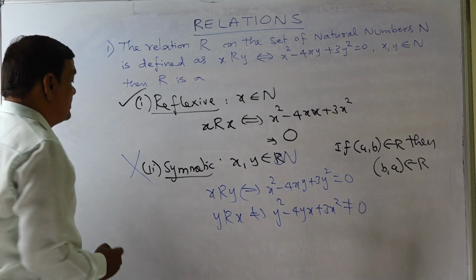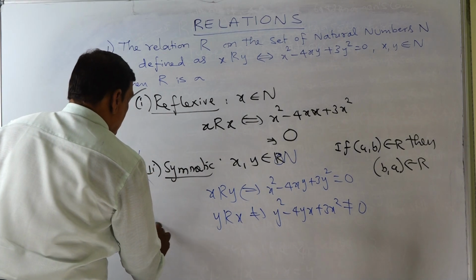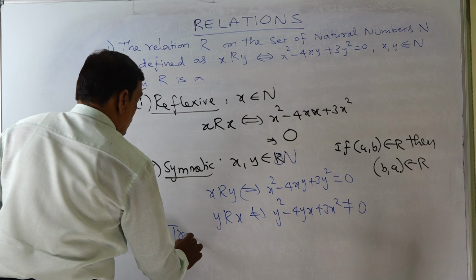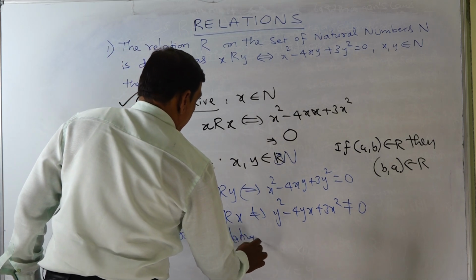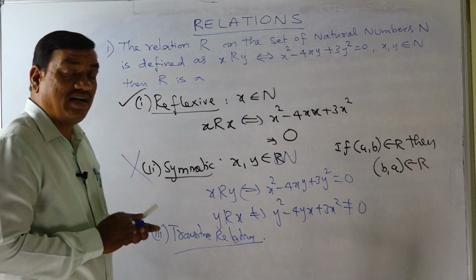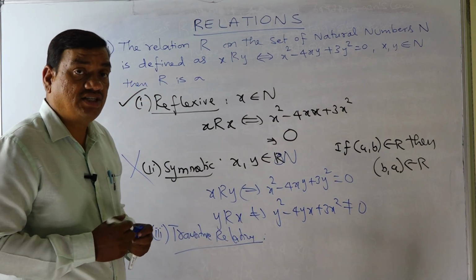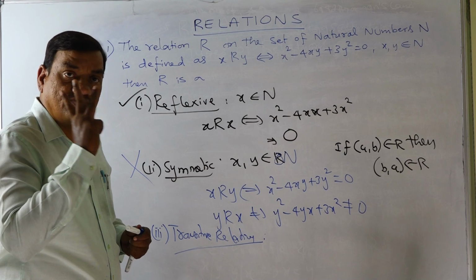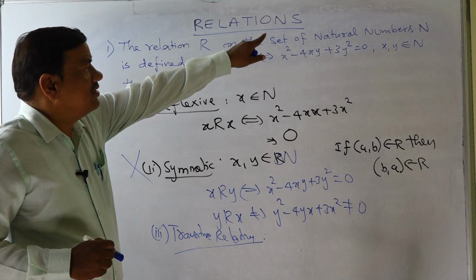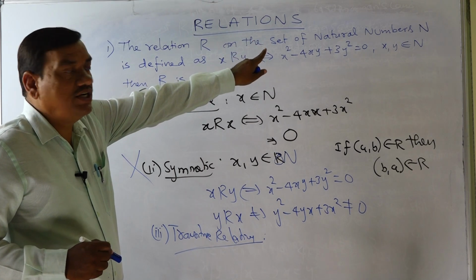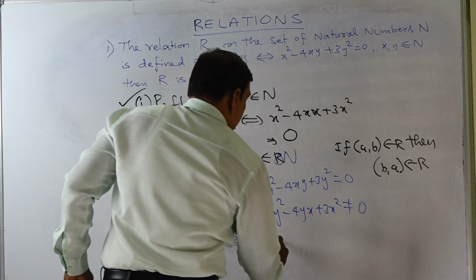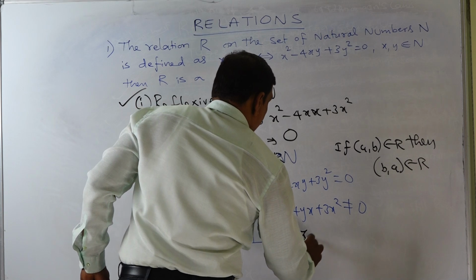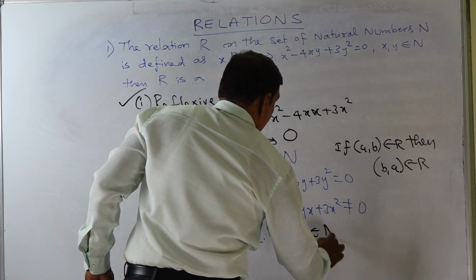Okay, so let us check the transitive relation. To check the transitivity of a relation, we have to take three numbers. Here the domain is natural numbers, that's why you have to take three numbers. Let us take x, y, z belongs to natural numbers.